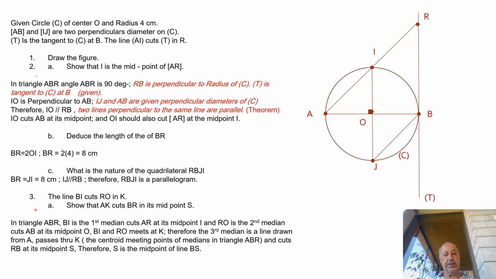Okay, let's go to question number 3. The line BI cuts RO in K. Let's draw it. Join BI and RO, and they cut at point K. Good.